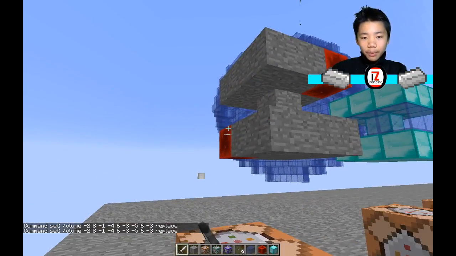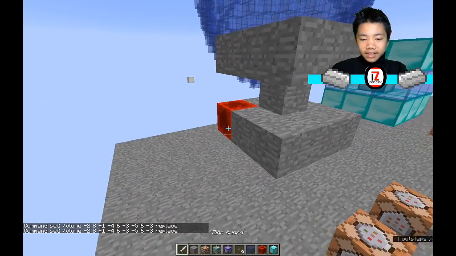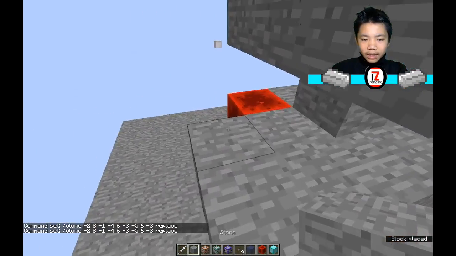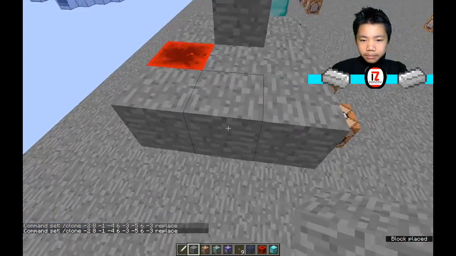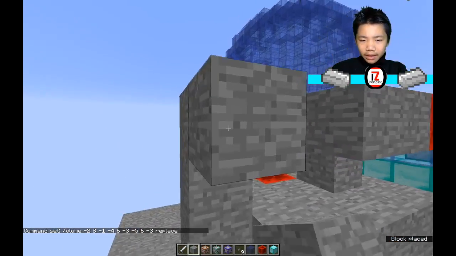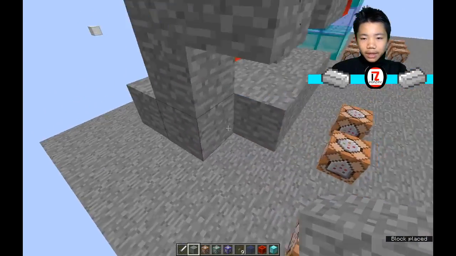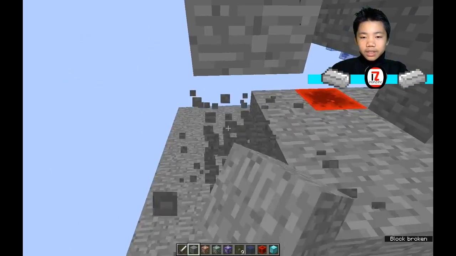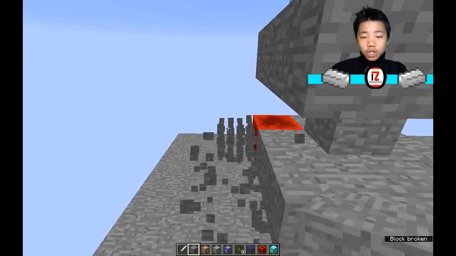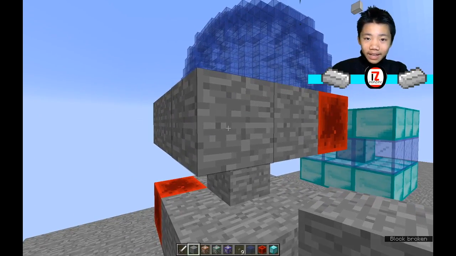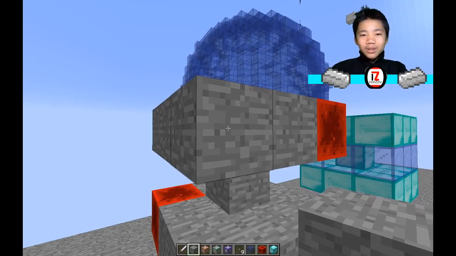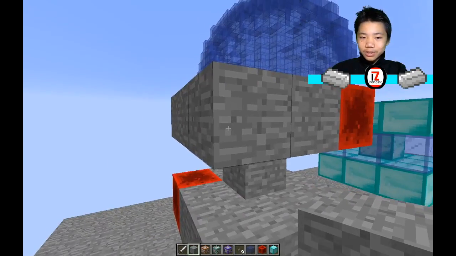So they're overlapping right now, which means the destination, I think it's somewhere like here, I think. Like this is the structure. I'm not exactly sure though. So the destination, the place I want to clone this structure to, basically I'm trying to clone the structure inside the structure itself.